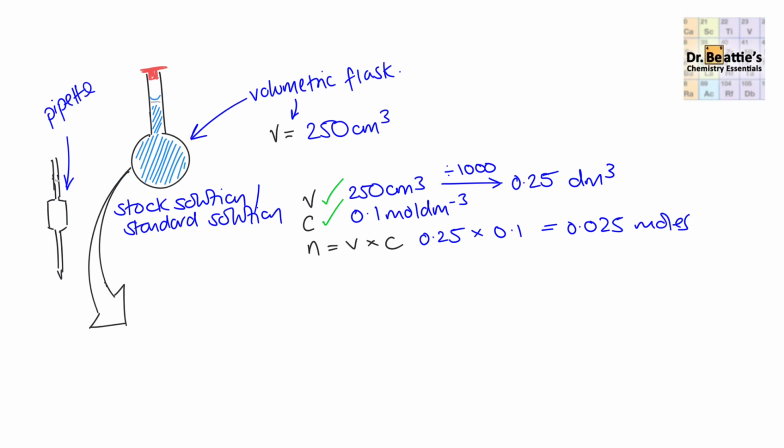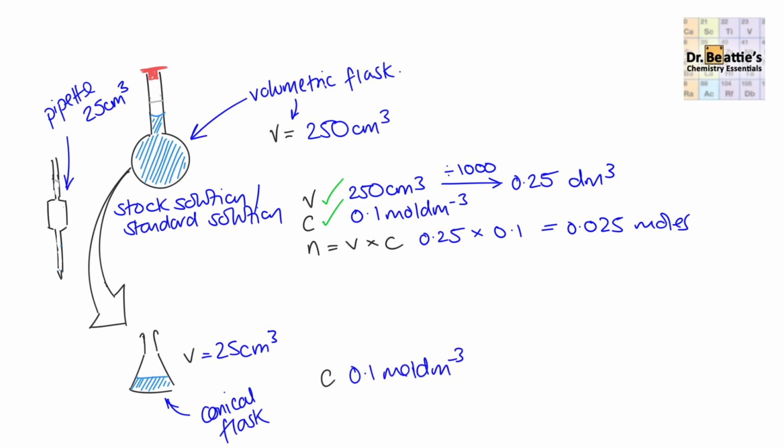Typically this is 25 centimeters cubed, and this is transferred to another container, which is typically a conical flask, certainly in titrations. Whilst the concentration is exactly the same at 0.1 moles per decimeter cubed, the volume has evidently changed as we've now only got a 25 centimeters cubed sample from that standard solution.